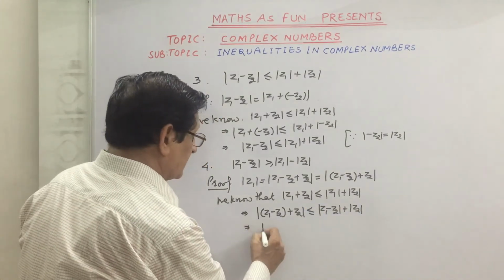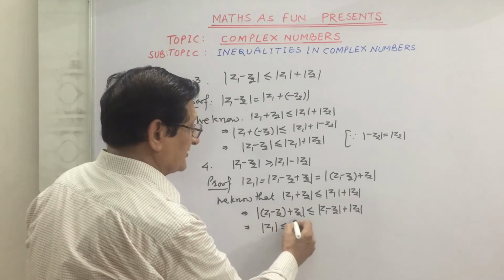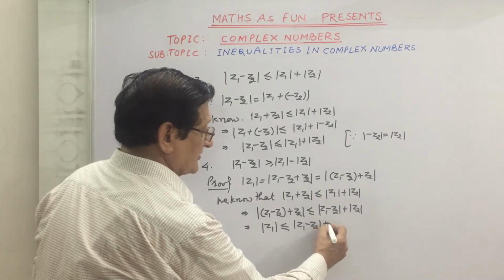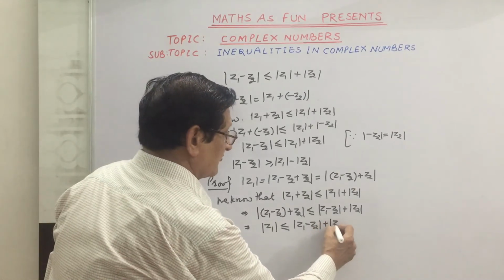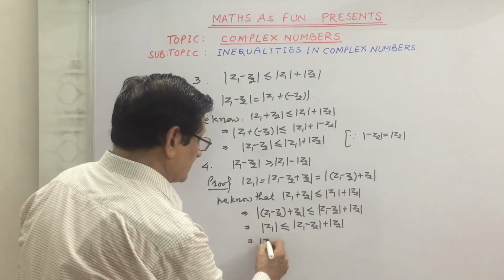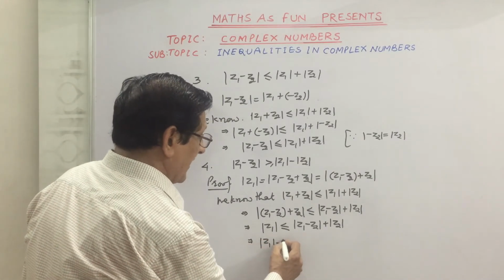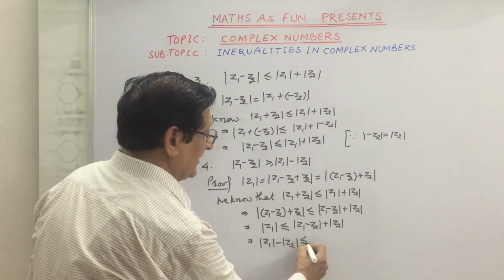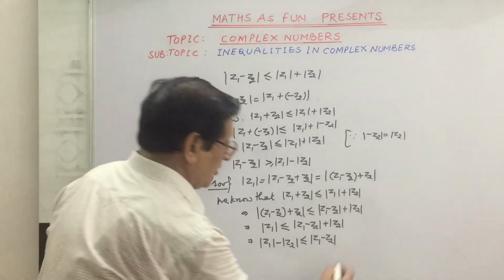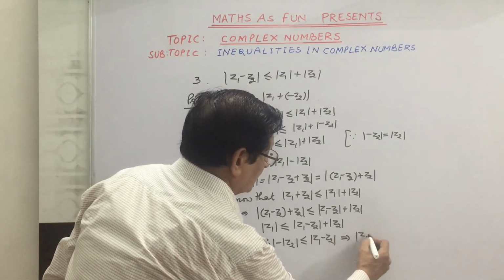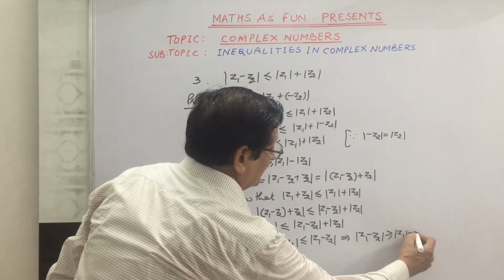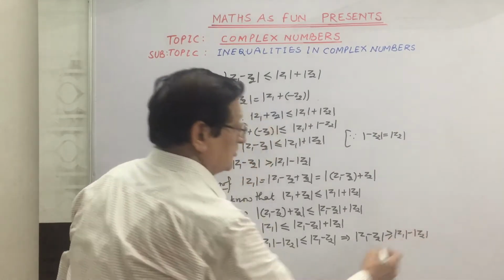It means we can write that modulus of z1 is less than or equal to modulus of z1 minus z2 plus modulus of z2. If we subtract modulus of z2 from both the sides, we can say modulus of z1 minus modulus of z2 is less than or equal to modulus of z1 minus z2. Or we can say that modulus of z1 minus z2 is greater than or equal to modulus of z1 minus modulus of z2.